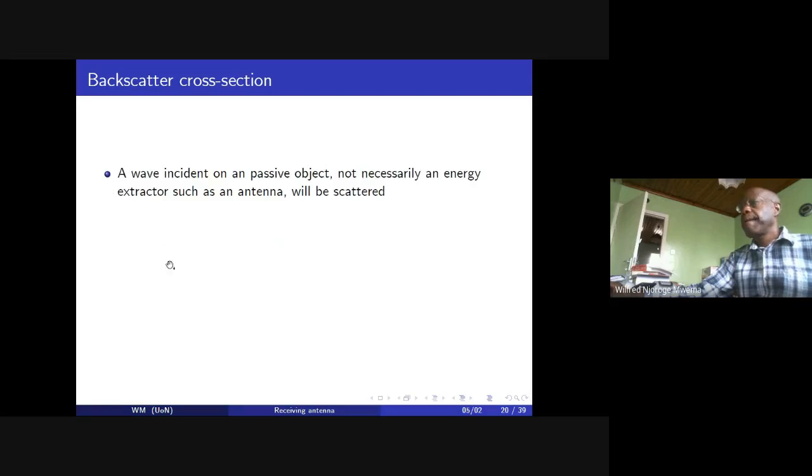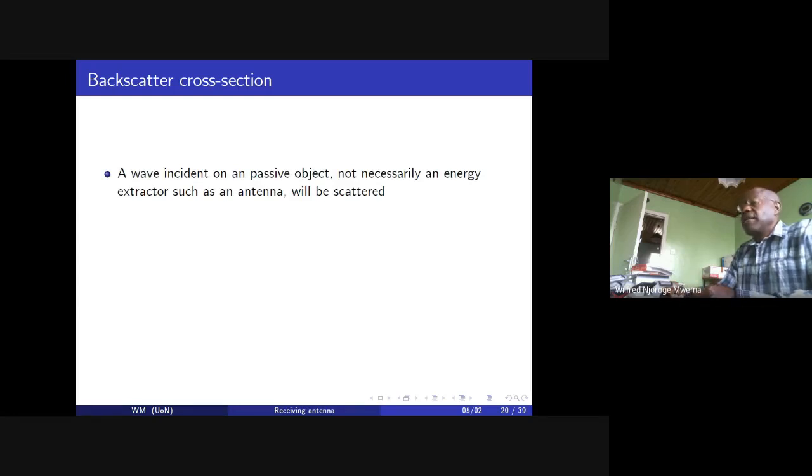So we now look at what we call backscatter cross-section, because in many cases, for those of us who will be working with KBF or with civil aviation, we'll be using electromagnetic waves launched into the sky towards an object by an antenna, and then we wait for the echo to come back and we receive that.